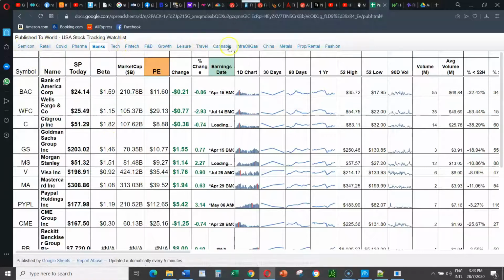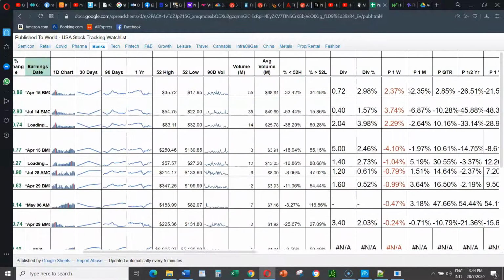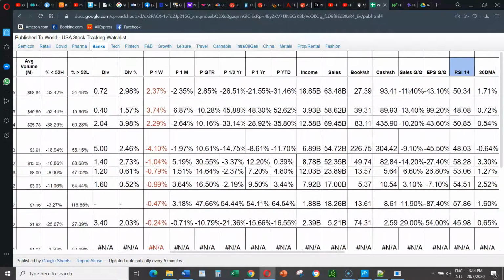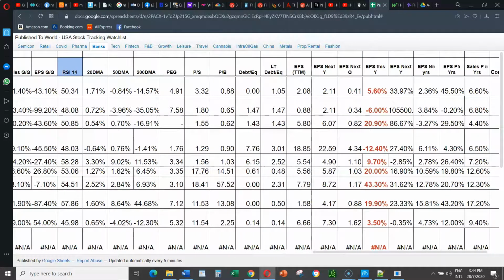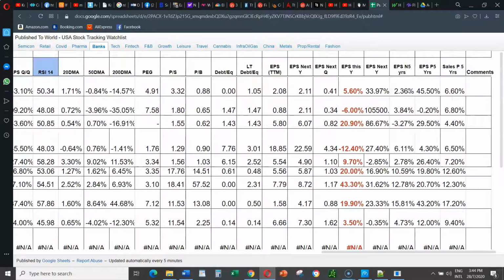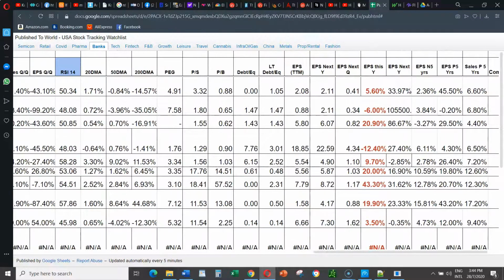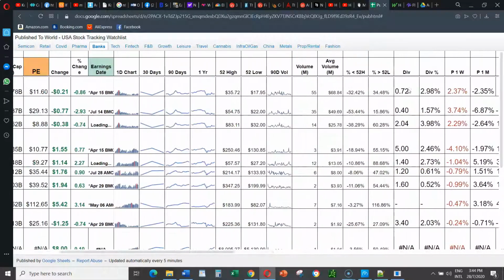This is published as a web page, and then this is where you see all the parameters. So I've opened the banking one, so you can see all the banks here, and then the mini charts, and then the high and lows, and then all of these parameters. Okay, so it's very lengthy, so you don't need to use all the parameters all the time, but if you need, then I have tried my best to populate as many as I can.